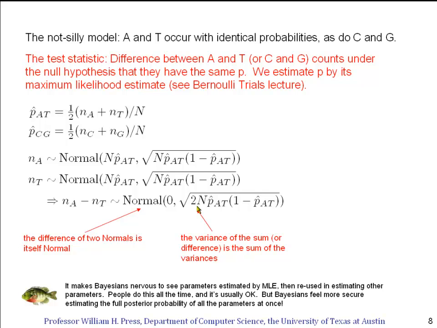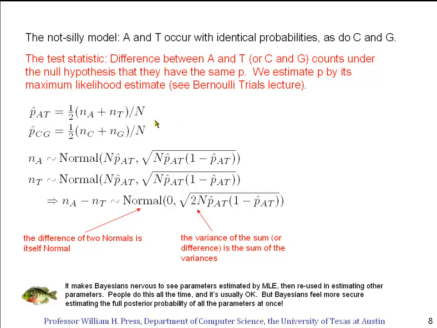Now I have to make a little aside here as a Bayesian, because although we're being frequentists for a while, we're still deep in our heart Bayesians. And it makes Bayesians a little bit nervous to see the procedure that we're adopting here.